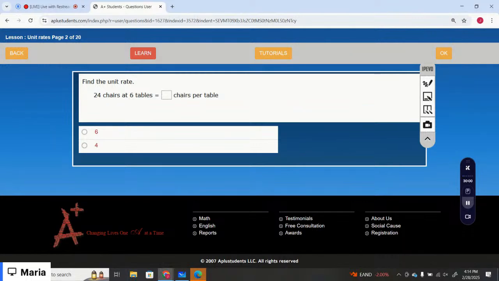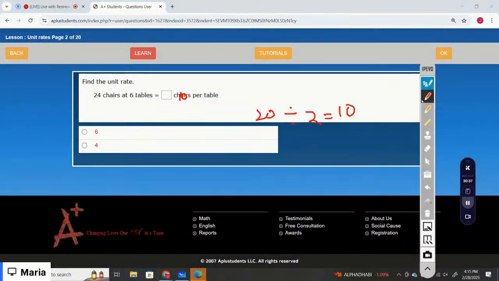24 chairs at 6 tables. 24 divided by 6. That is 6 times 4 is 24.